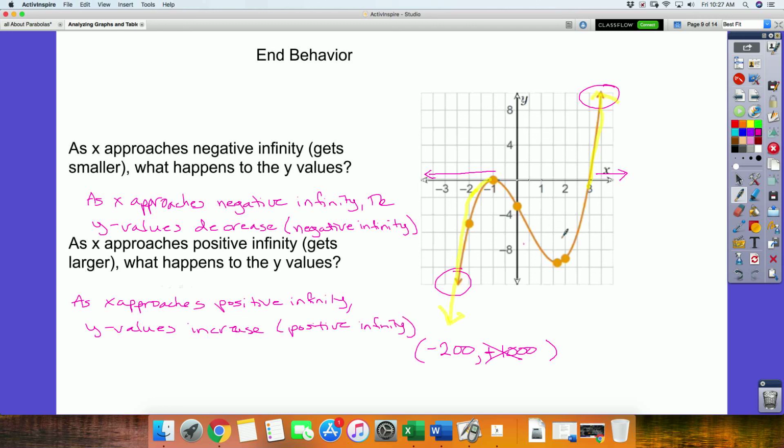So we can use end behavior just to get an idea of what values are possible. Because by knowing this, now I know that it's not possible to have a point like 100, -500. As the x's are getting bigger, my y's are also getting bigger.